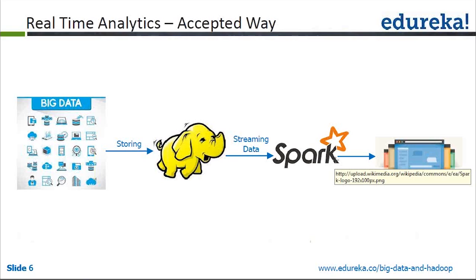Even with Spark, at least a 10 second delay will be there in the data. Spark is just one way, and even Spark is not matured. We have something called Storm, which is the most mature.